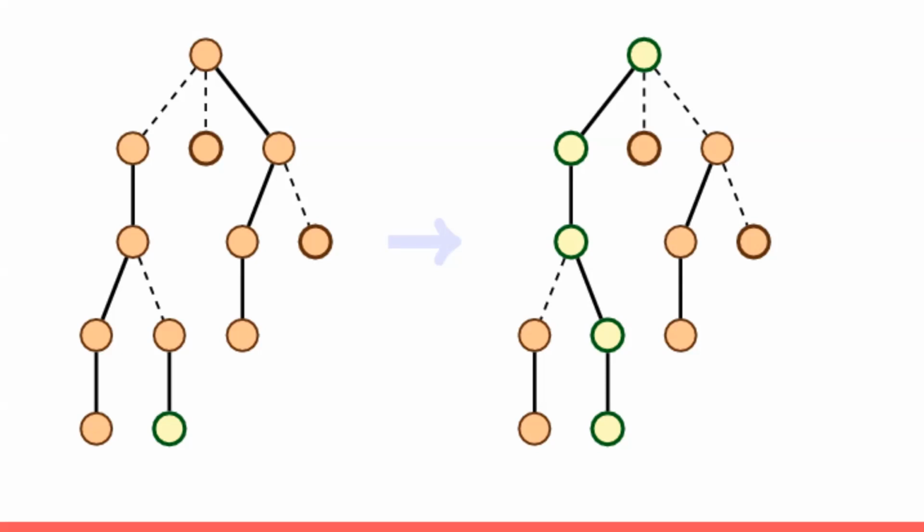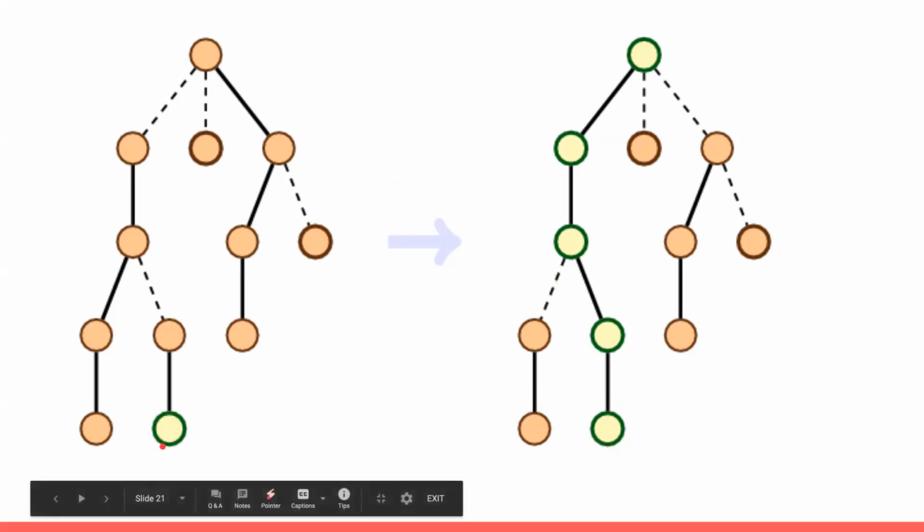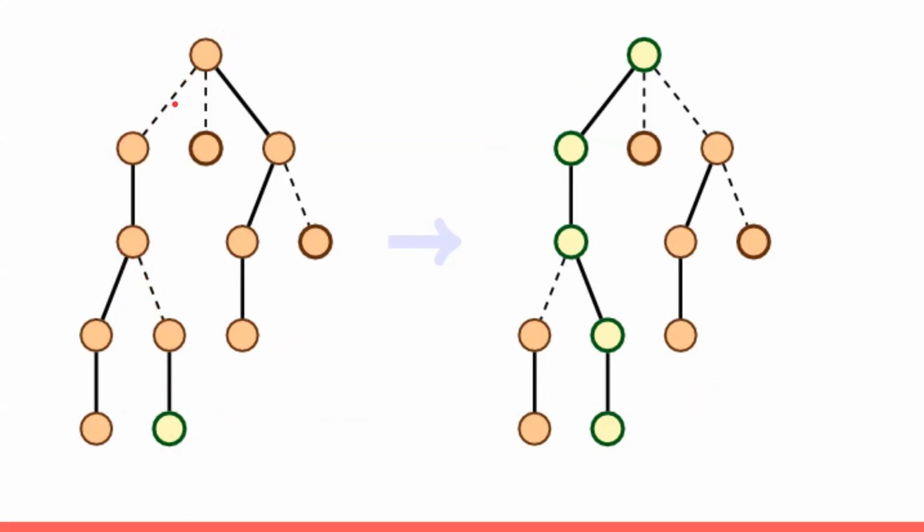So if we have some query, for example, such a vertex, we should make a path between this vertex and the root. However, between them we have a few light edges.